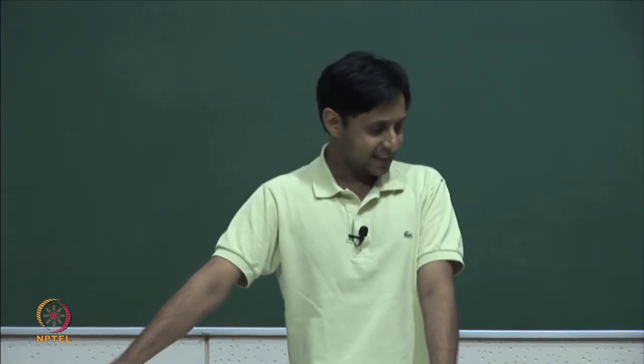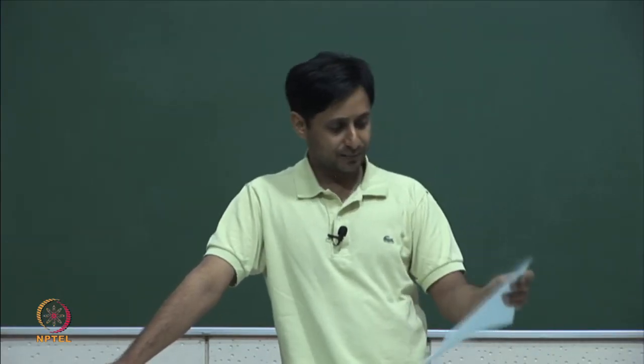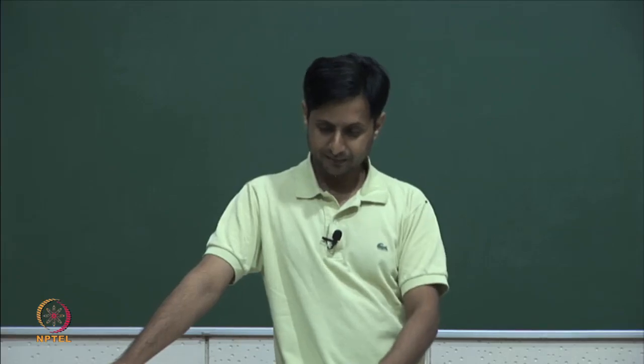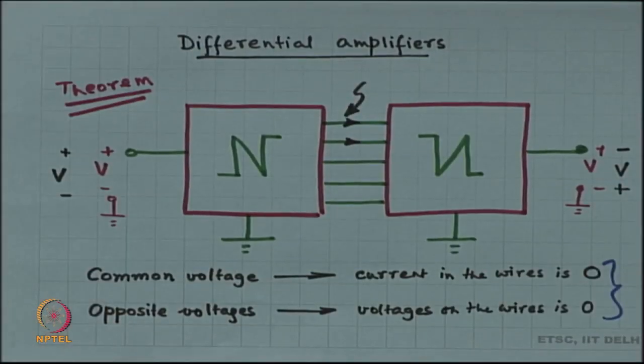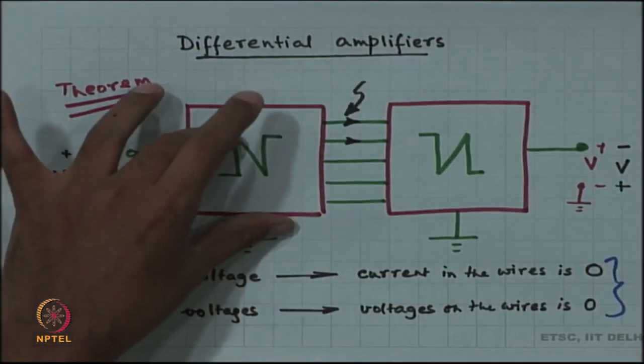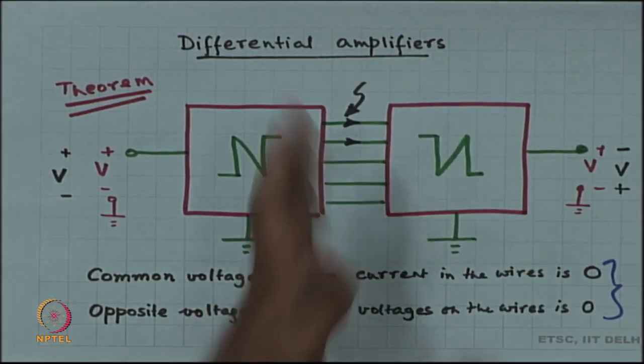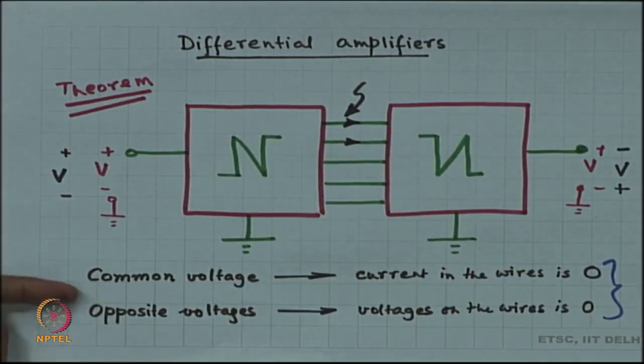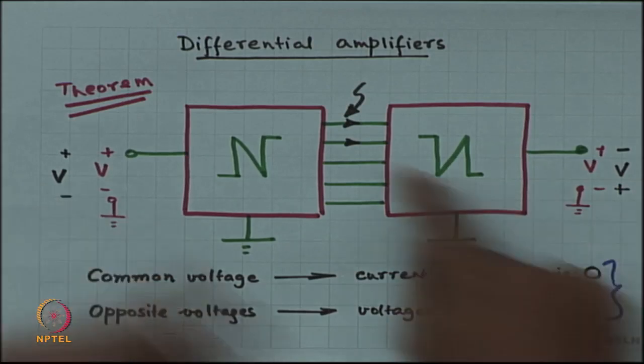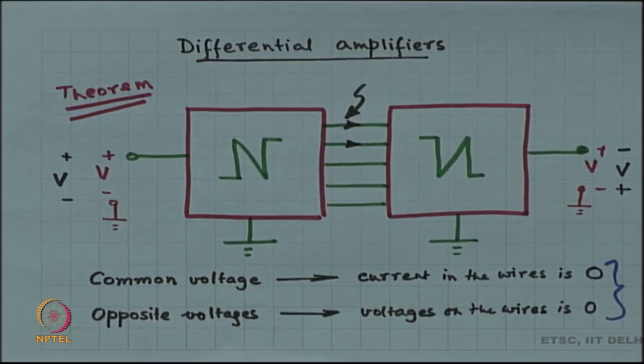And then we studied a very important theorem, where we had a network N, a mirror image of network N, and connections in between. We applied two equal voltages and found that the wires in between can be cut, and then we applied two opposite voltages and found that the wires in between can be shorted to ground.